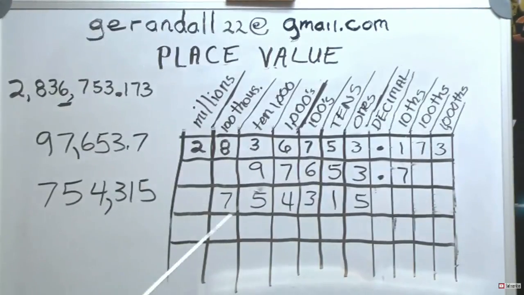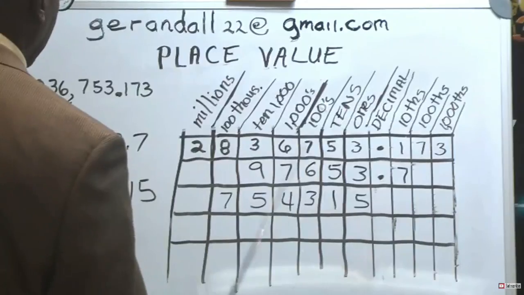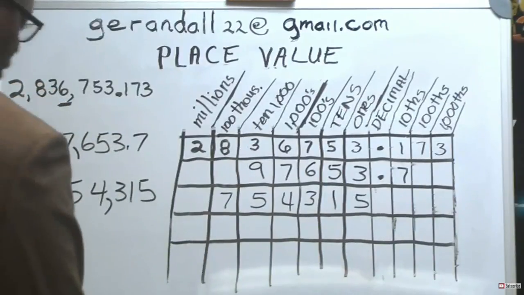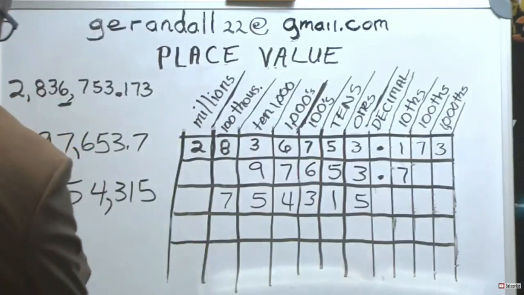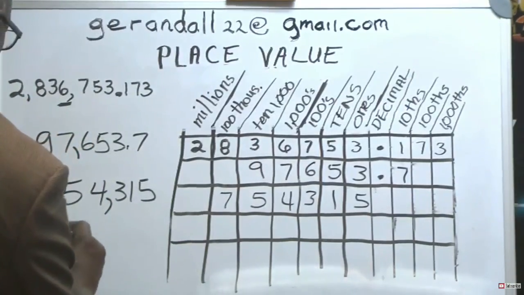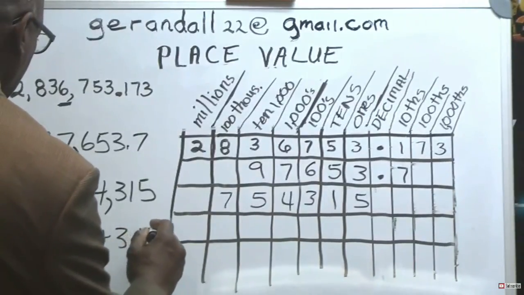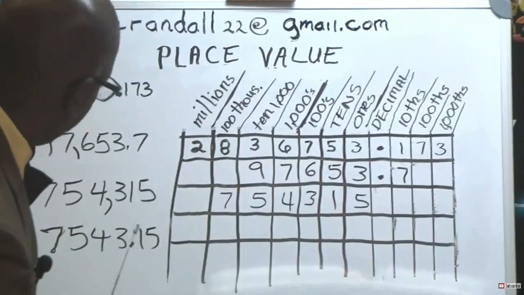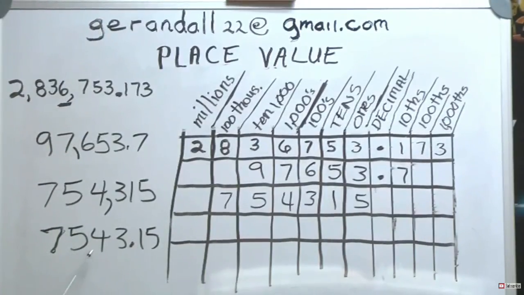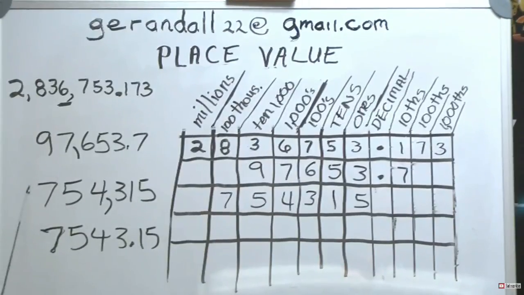If you say "and," it would infer that you're talking about a decimal, and that would look like this. And as you can see, 7,543 and 1,500 is a lot less than 754,315. If you had a salary, I think you'd want this one. And that would be your six-figure income.